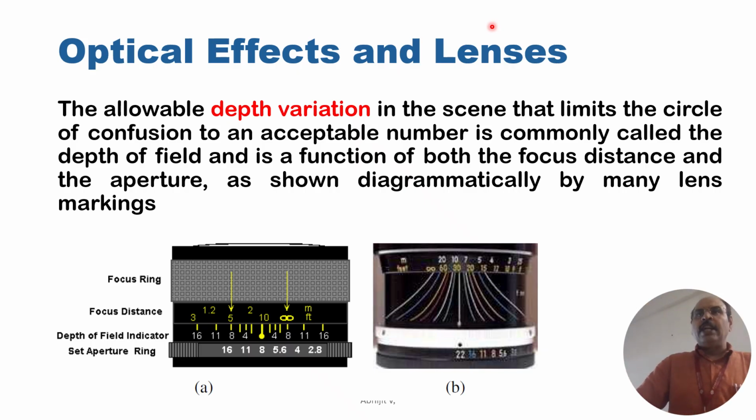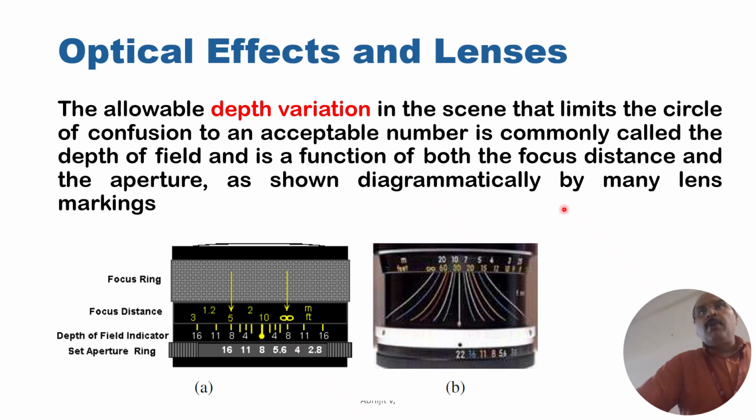The depth variations in the scene that limit the circle of confusion to an acceptable number is commonly called the depth of field, and it is a function of both focus distance and the aperture, as shown diagrammatically by many lens markings.